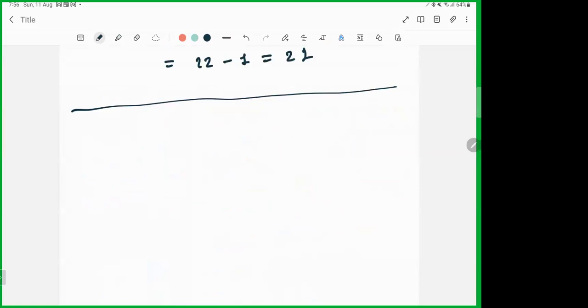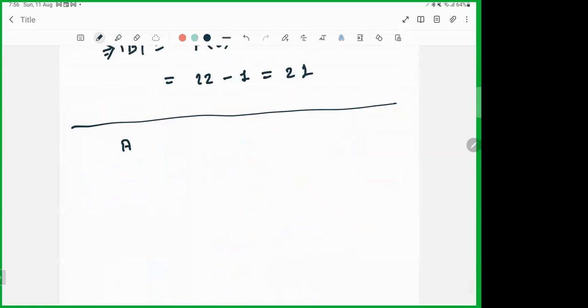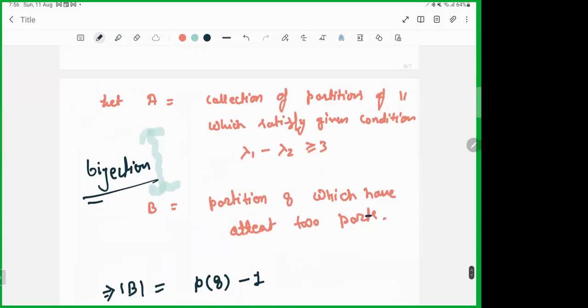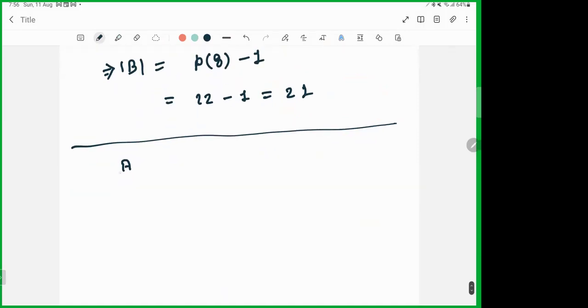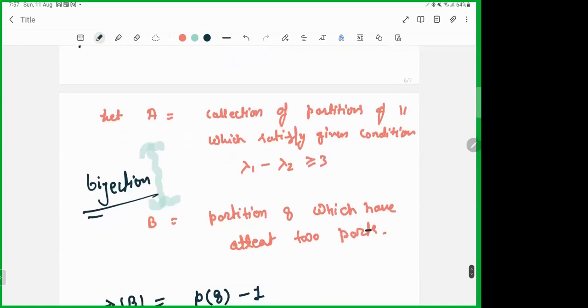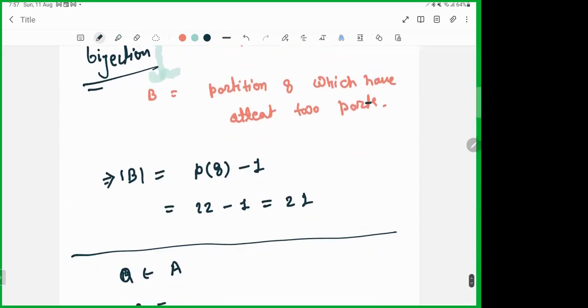So let's start with A. These are my sets A and B. So start with any element of A. Let's suppose a belongs to A. That means a is a partition of 11 which satisfies the given condition lambda 1 minus lambda 2 is greater than or equal to 3.